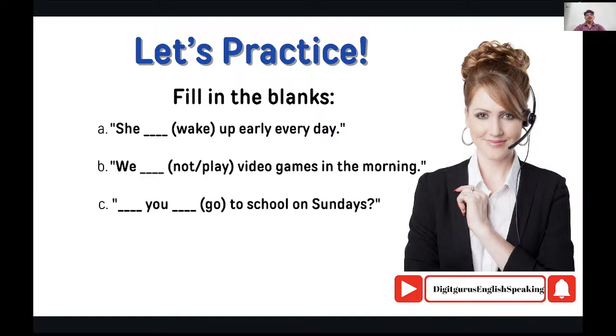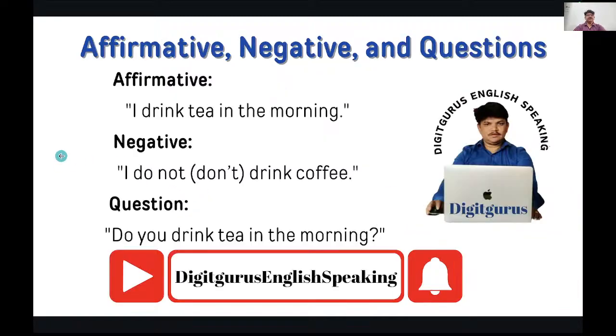Okay, now you may have a question that how to form verbal questions. I mean to say such kind of questions. I don't drink tea or coffee. Do you drink tea in the morning? Let me take you one sentence.